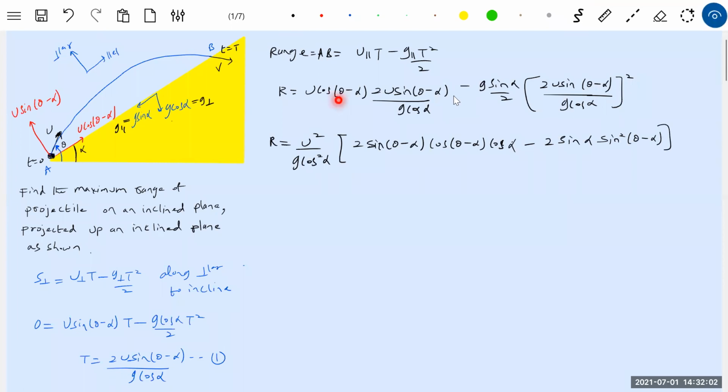I took u square by g cos square alpha common, since u square and g are available in both terms. Here I have only one cos alpha, so I divide and multiply by cos alpha. Then I end up with 2 sine(theta minus alpha) cos(theta minus alpha) cos alpha minus 2 sine alpha sine square(theta minus alpha). So we have some equation.